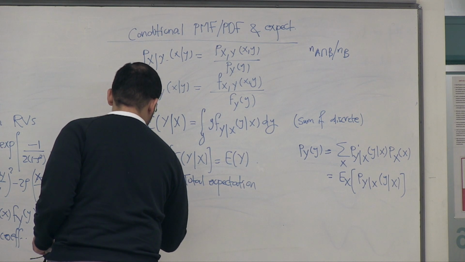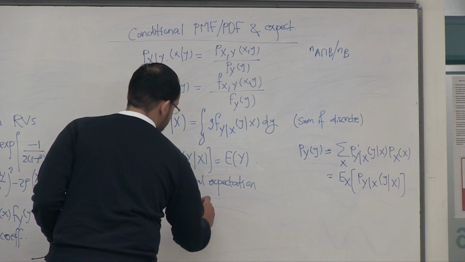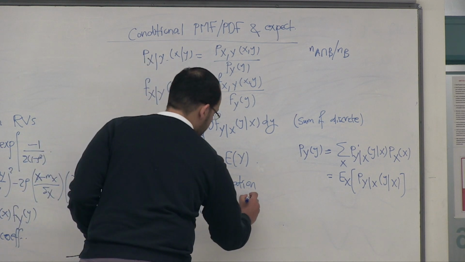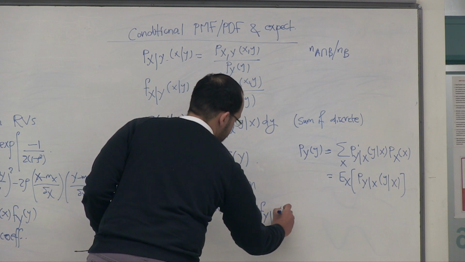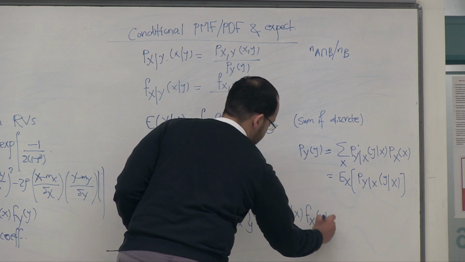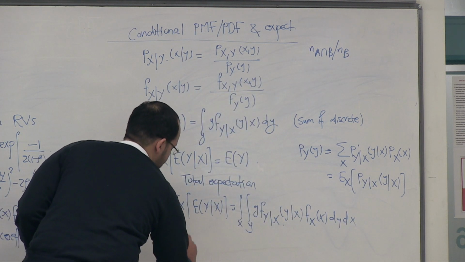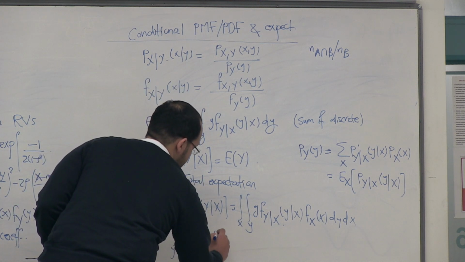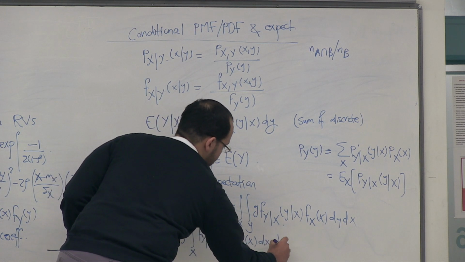We can prove it. Proving it is not that hard at all, so let's do it together. Proof. This expectation Ex of E y given x is integration over x, integration over y f y given x of y given x times fx of x dy dx. You can change the order, make it integration over y, then integration over x, f y given x times fx of x dx dy.